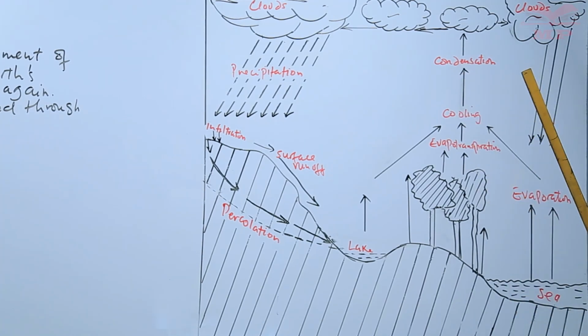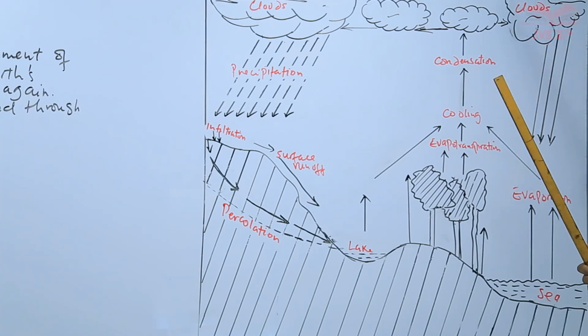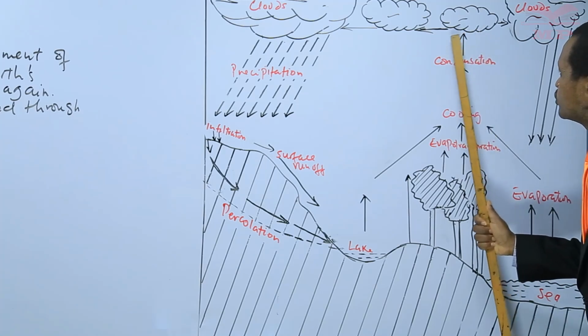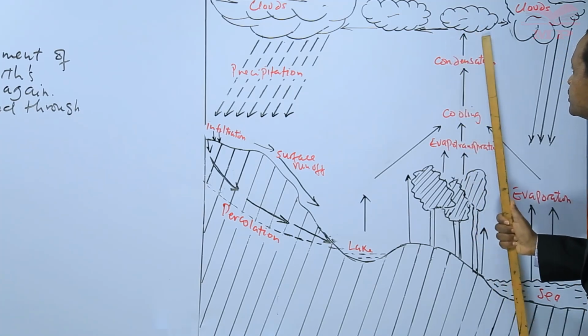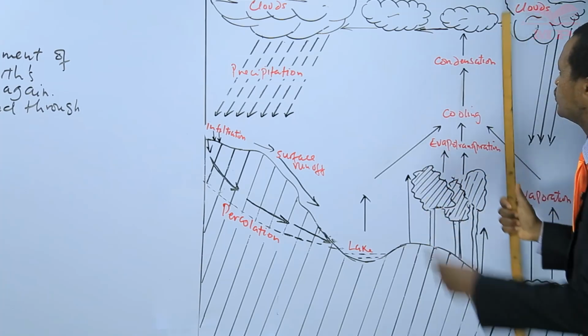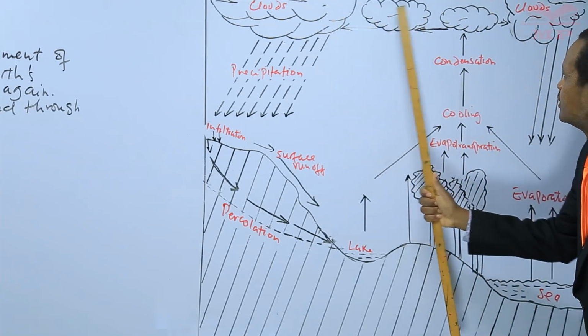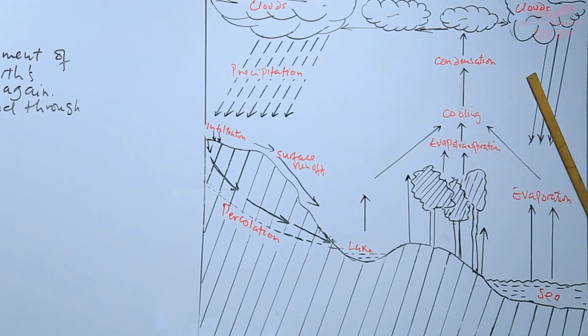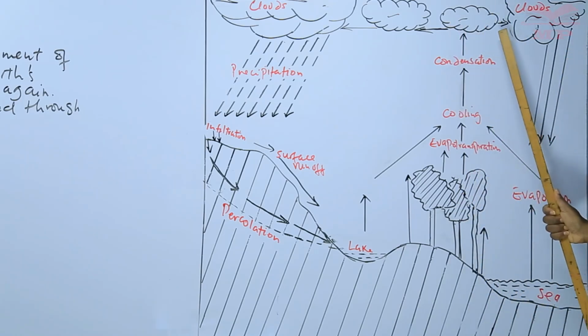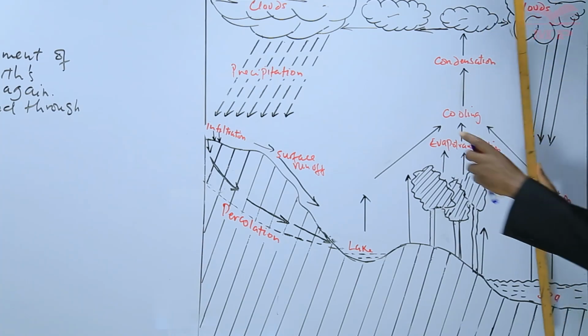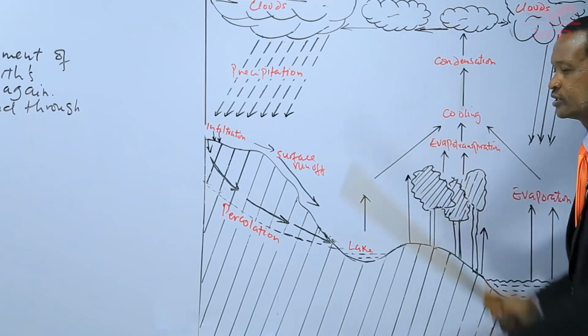As it continues to cool below dew point, the vapor turns into tiny water droplets, and these droplets gather together to form what we call clouds, learners. After condensation, then we have the clouds. The droplets join together in large quantities to form clouds.